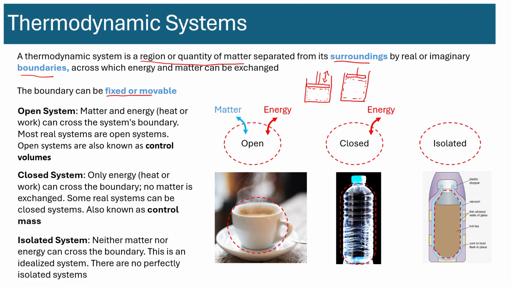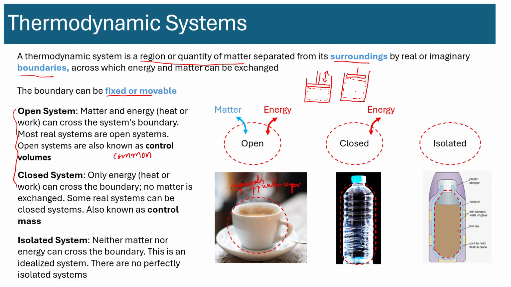Open and closed systems are readily available in nature or in your surroundings. They're very common. A hot coffee cup, if you draw a boundary around the cup like this, there is water vapor and other chemicals leaving the boundary, right?